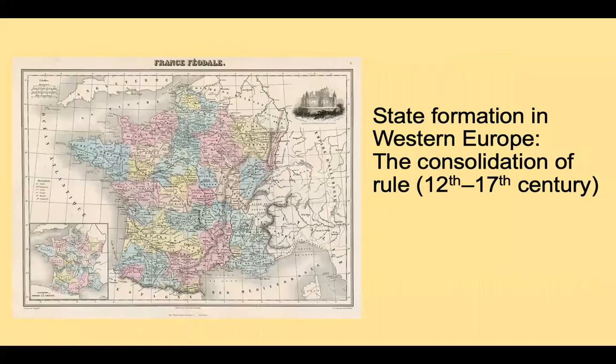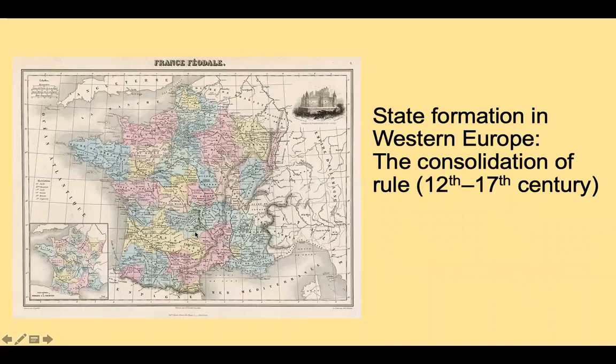And so the modern state emerged in this process of organizing control in this transition from indirect rule to direct rule. Let's take a look at feudal France in about the 12th century. And what you'll see is that it's divided up into all of these different little units, all these little principalities and duchies and local centers of power that involve lords and knights and this constellation of actors who organize control, indirect control, in these smaller geographical areas.